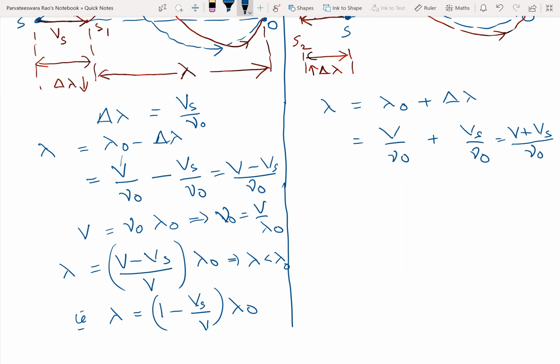Coming to this, V is equal to nu naught lambda naught. Same, nu naught is equal to V by lambda naught.